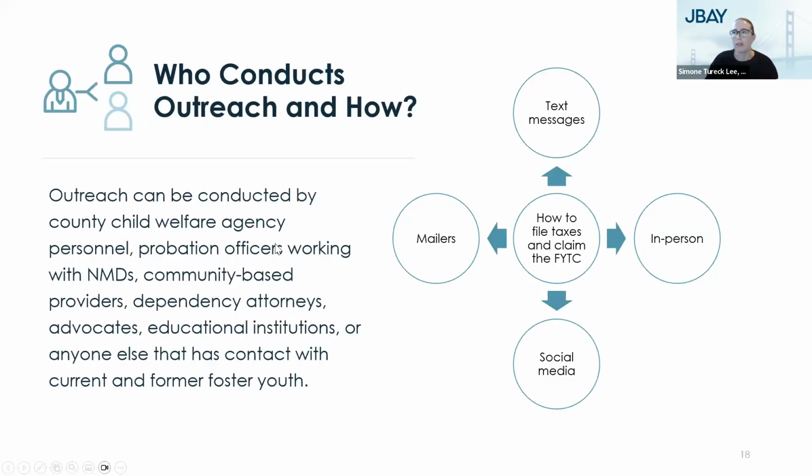So who conducts outreach and how? This is a pretty straightforward slide, pretty simple in concept. But I think the short answer here is obviously anyone can conduct outreach. What I hope is that people who work directly with youth in extended foster care or with former foster youth feel a duty to notify youth about this money waiting for them.